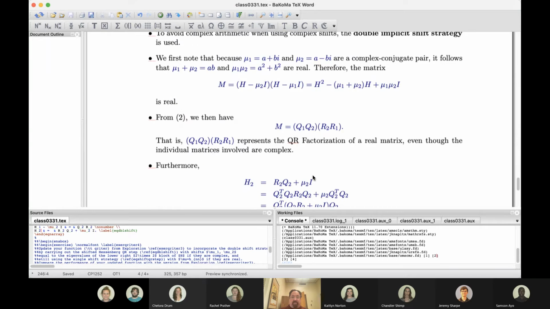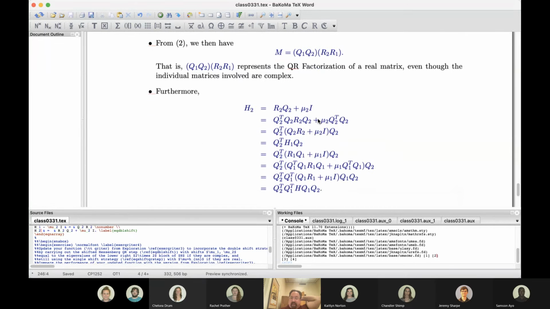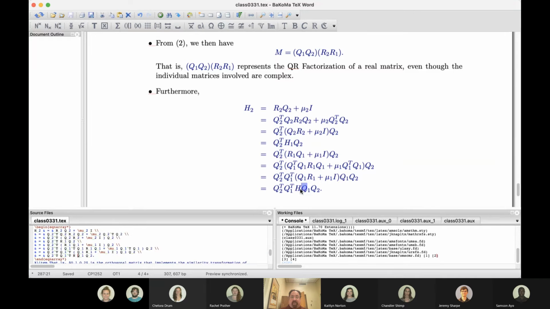If we take a closer look at H2 and how it was obtained, through all these manipulations involving QR factorizations, what we get is H2 is obtained from the original matrix H by this similarity transformation involving Q1, Q2. We don't need to know Q1 and Q2 individually to get from H to H2. Knowing their product is enough. And we know how to get the product by QR factorizing M.